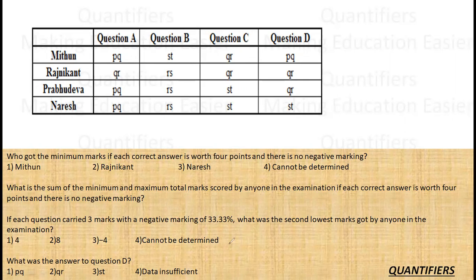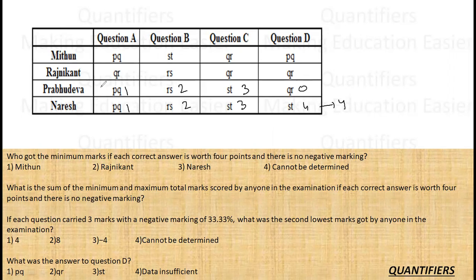If I just look at the table, I can see that Prabhudeva and Naresh have 4 and 3 values in common. So there is a high probability that Prabhudeva or Naresh can have 4 correct and 3 correct respectively. Let us assume that Naresh has got all 4 correct: 1 mark, 2 marks, 3 marks, and 4 marks. Prabhudeva will have 1, 2, 3 marks and 0 for this.